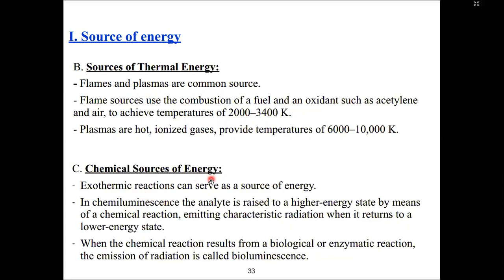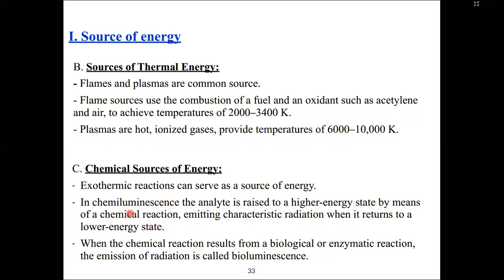Chemical source of energy. So the energy is obtained from exothermic reaction. They are used in chemiluminescence, where the analyte is raised to a higher energy state by means of chemical reaction, and emits characteristic radiation when it returns to the low energy state. So this is like emission spectroscopy, where the reaction occurs, which is an exothermic reaction.